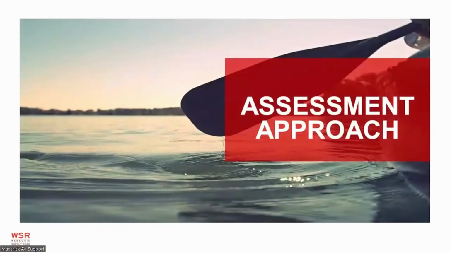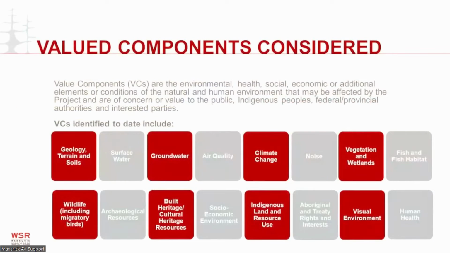Now we will talk about how an environmental assessment is done. There are many steps involved in an environmental assessment. One of the steps is to identify what we call valued components.